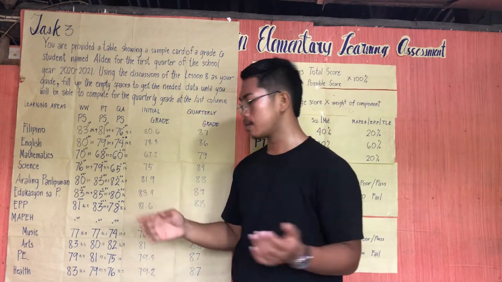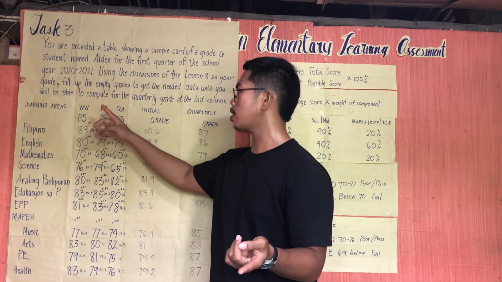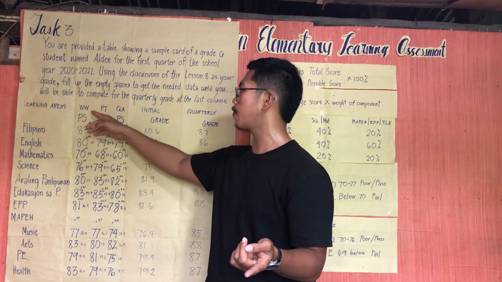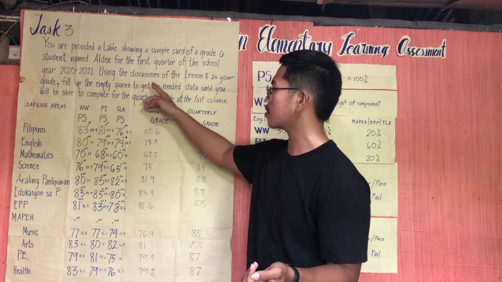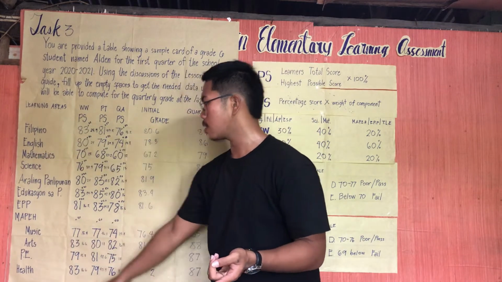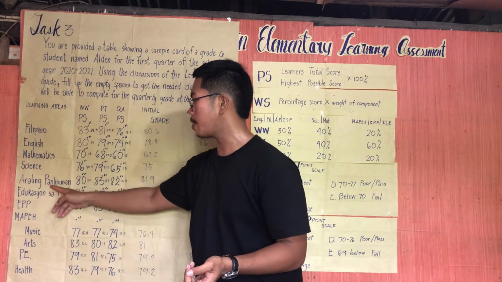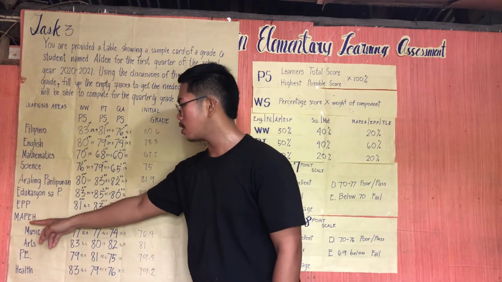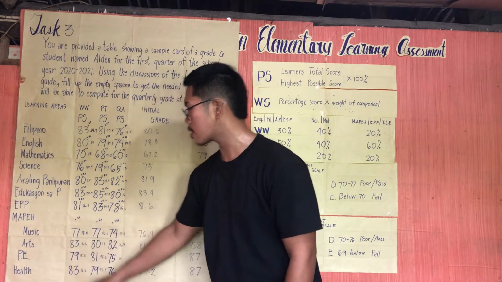And now we will compute the percentage and weighted score of the written works, performance task, and quarterly assessment for all these subjects. Okay, the subjects are Filipino, English, Mathematics, Science, Araling Panlipunan, Edukasyon sa Pagpapakatao, APP, MAPE for Music, Arts, PE, and Health.